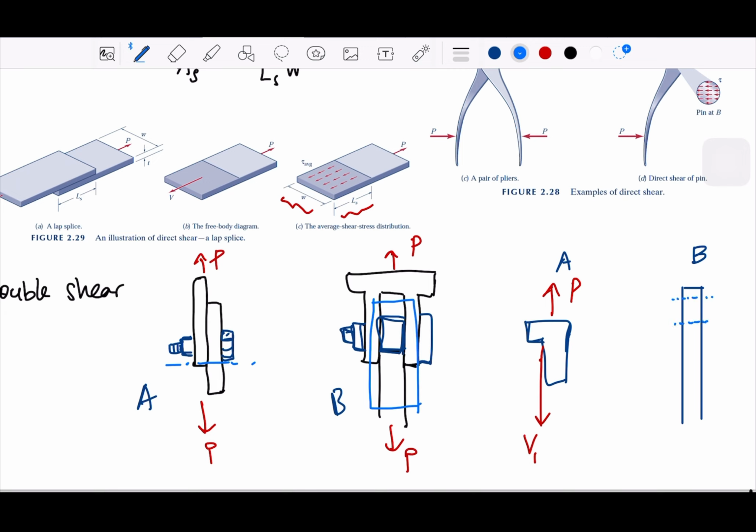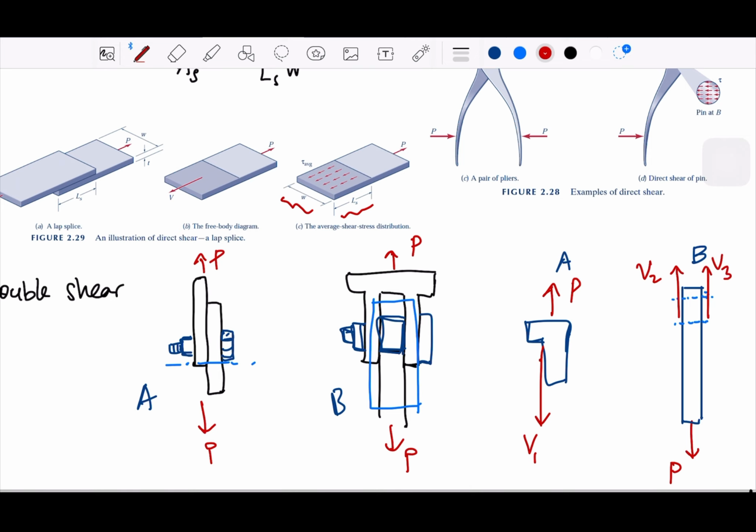This is the connection, the pin connection. So when we pull down, if we take the free body diagram, we are going to have two forces in between this pin, let's say V2 and V3.